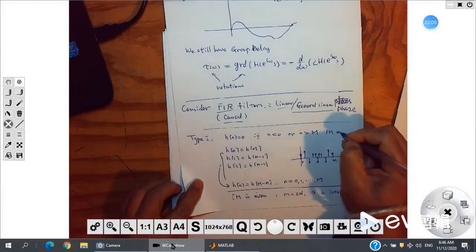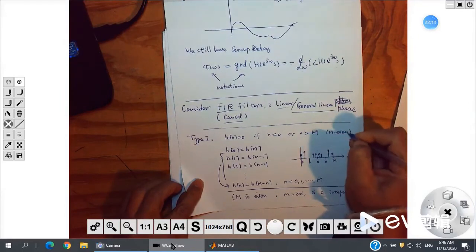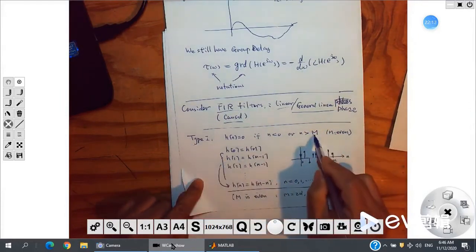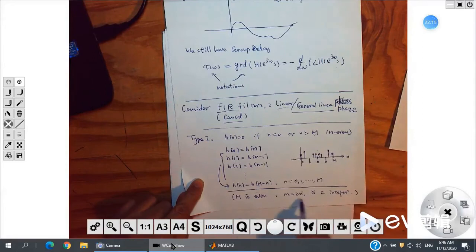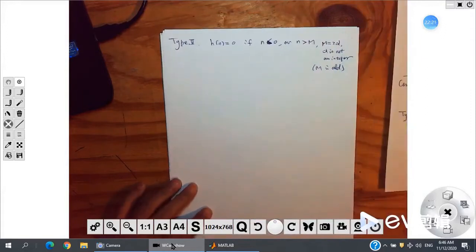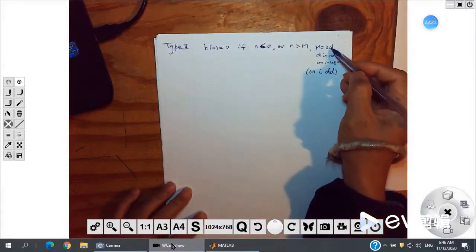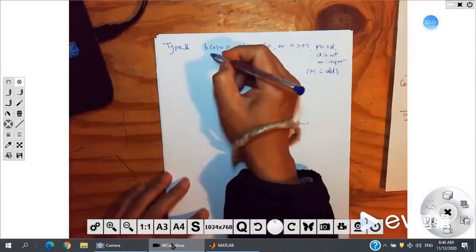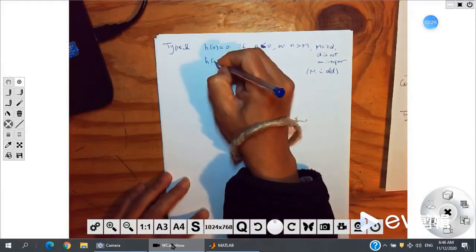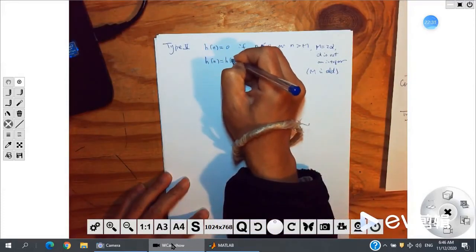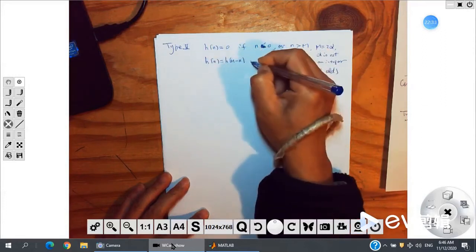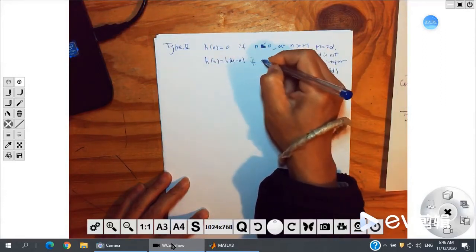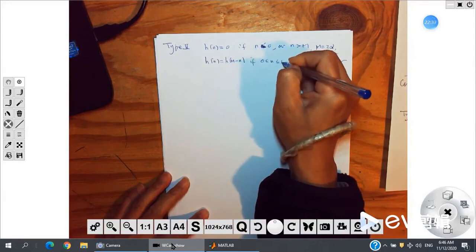So for type 1, m is even. You divide m by 2, you get alpha. Alpha is an integer, right? And now m is odd, so this alpha is not an integer. Then everything else is the same. h of n equals h of m minus n if n is between 0 and m.